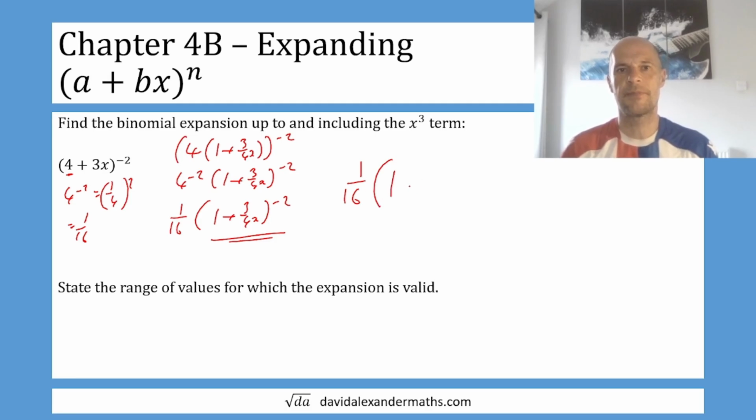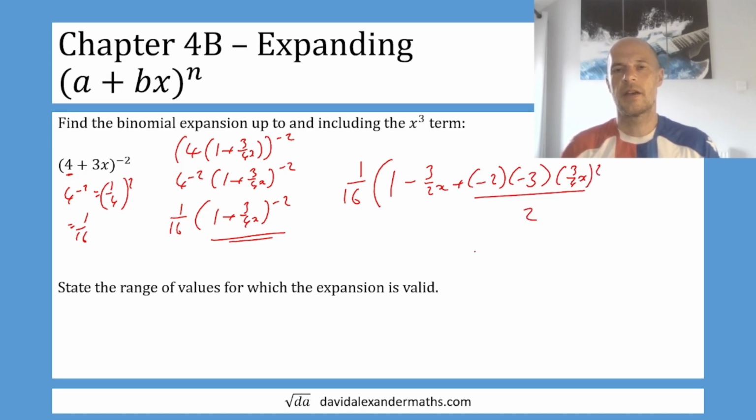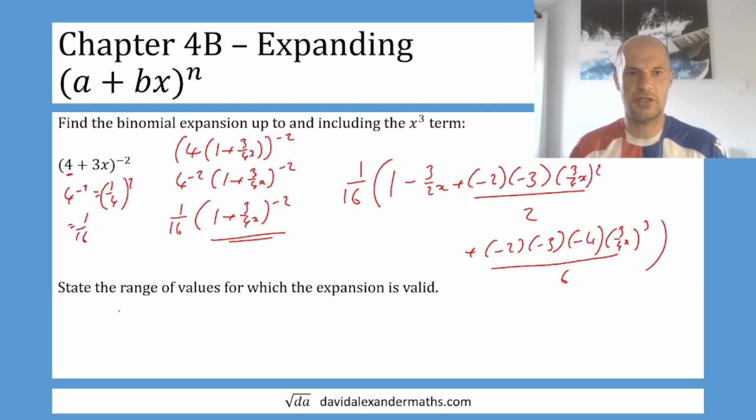So that is going to be 1, plus 3/4 times negative 2, which is minus 6 over 4, or minus 3 over 2 x, plus (minus 2 times minus 3 times (3/4 x) all squared) all over 2, and that's going to be plus (minus 2, minus 3, minus 4, (3/4 x) all cubed) over 6. I'm just going to leave the 1/16 now. So that's 1/16 of (1 minus 3 over 2 x).